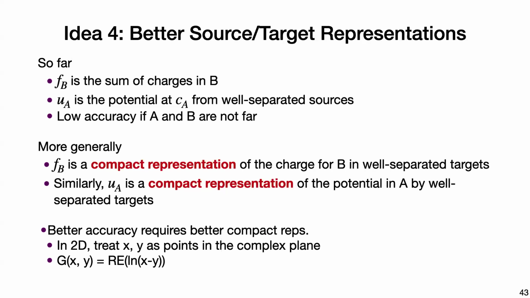And this has low accuracy if A and B are not far, and also has low accuracy because F sub B is a loose approximation of what is in B. The idea of increasing the accuracy in the FMM is, rather than just using one value for the sum of charges, you use a compact representation using some terms in the function for the charge of B in well-separated regions. And similarly, U sub A is also a compact representation.